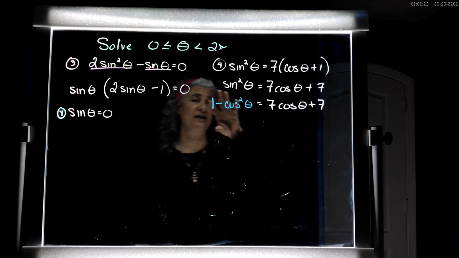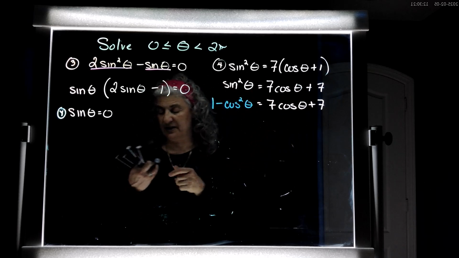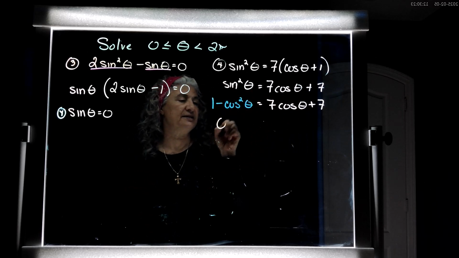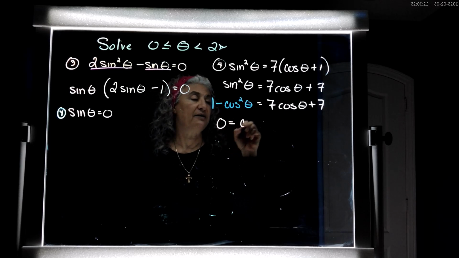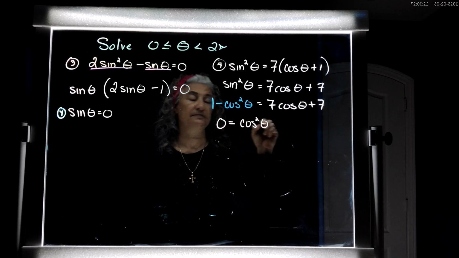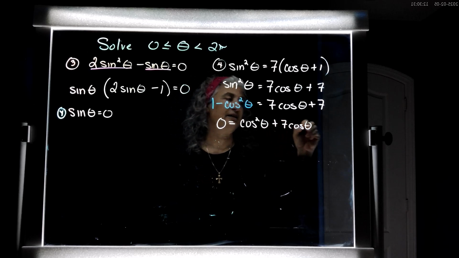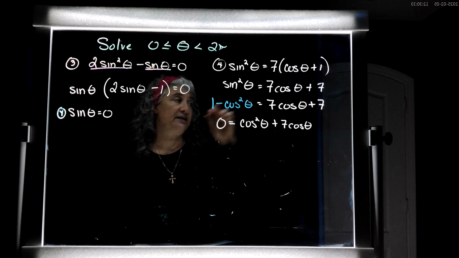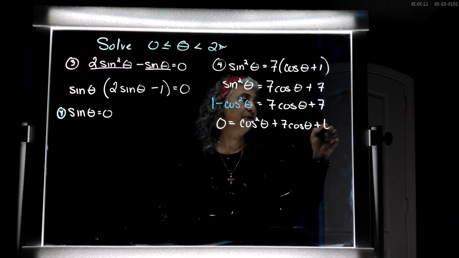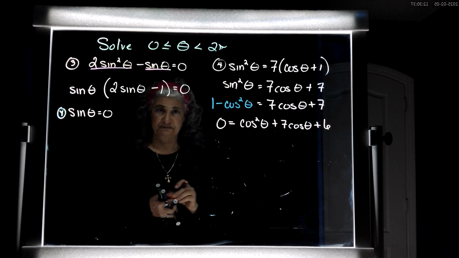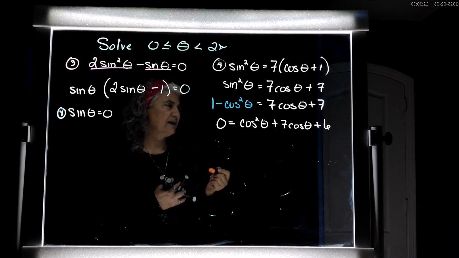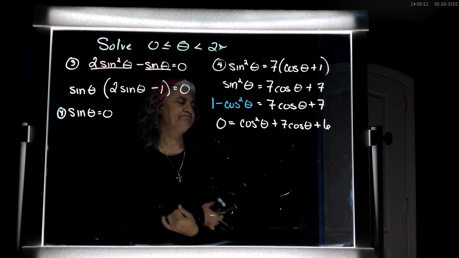So I'm going to move everything from the left to the right. So I'm going to get 0 equals positive cosine squared theta plus 7 cosine theta. And now I'm minusing this 1, which gives me a plus 6, doesn't it? And there is a second degree equation.